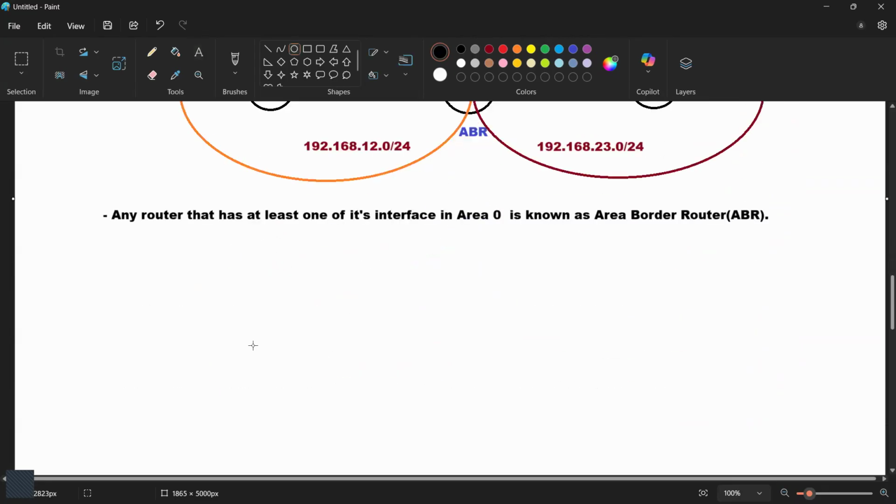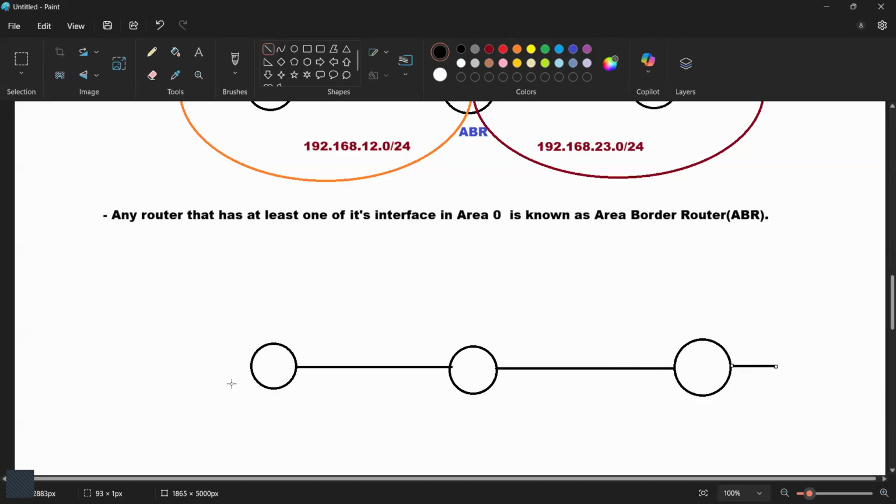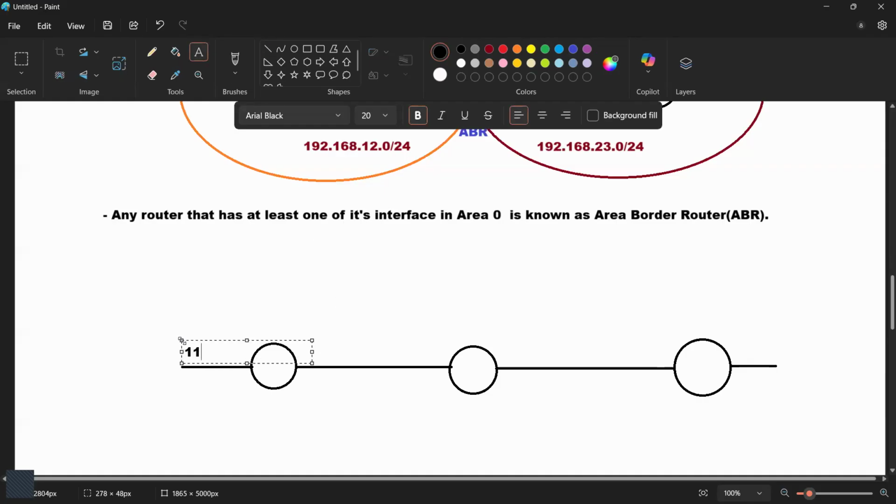See, say you have a loopback here on that one. And let's say here we have 192.168.12.0/24.